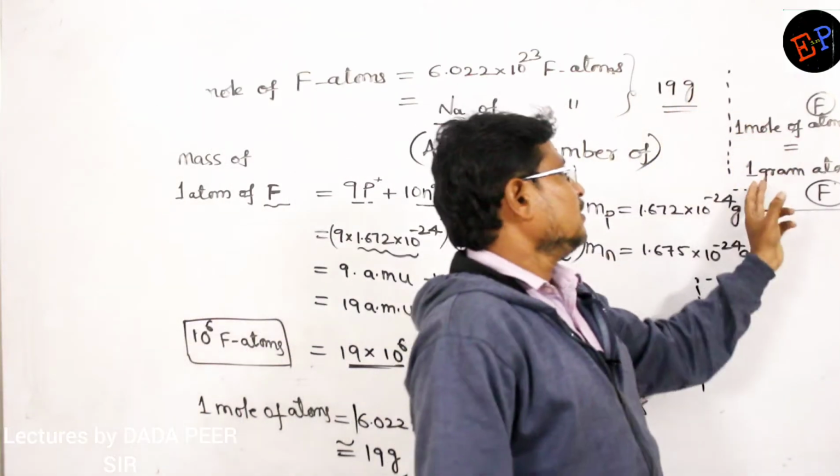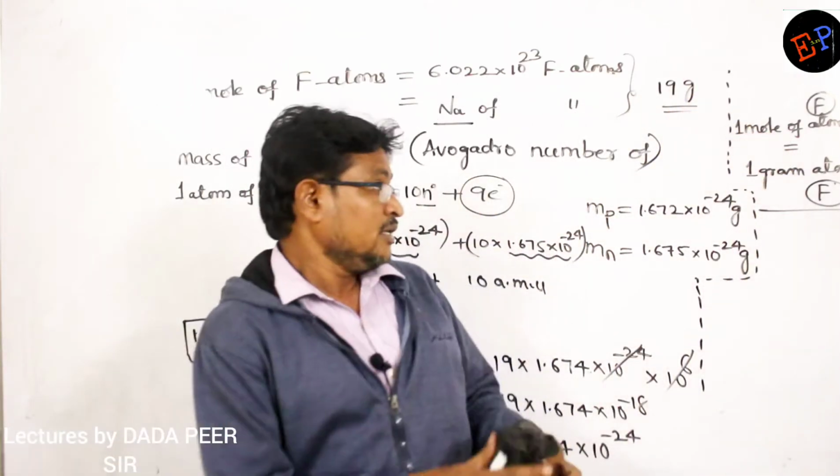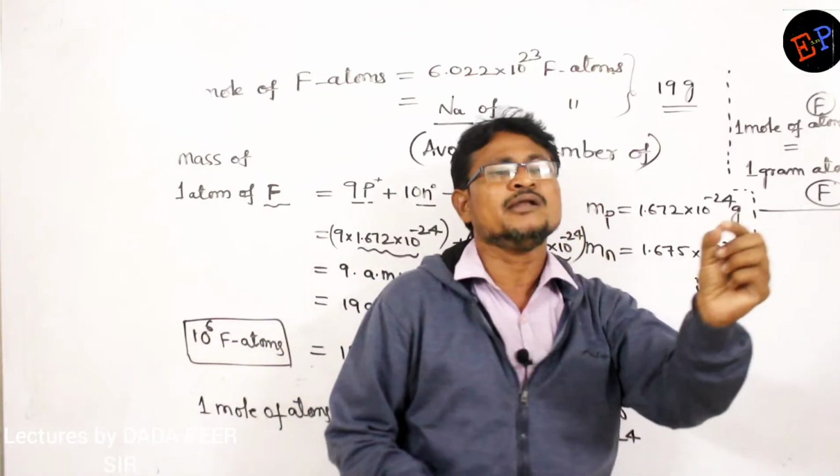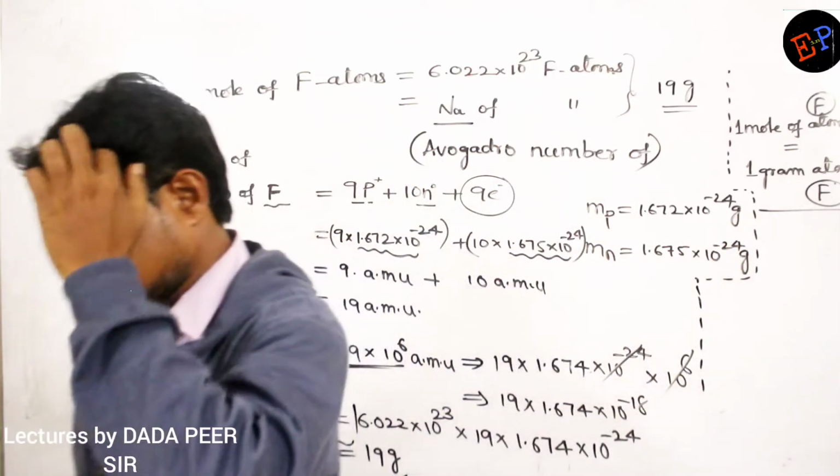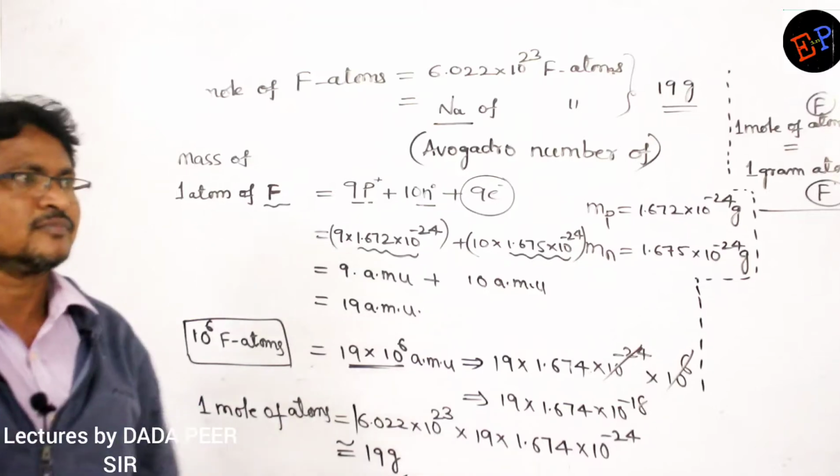Suppose you have noted down up to here, write a small numerical, a very little one.